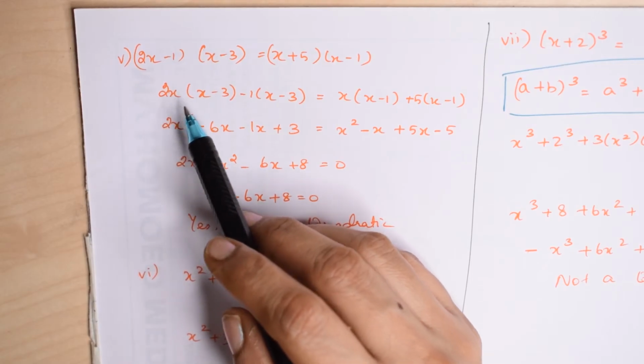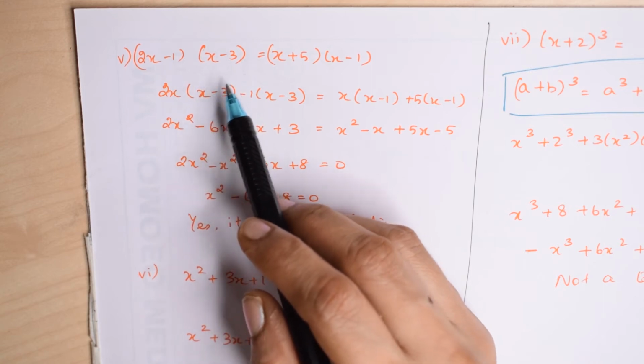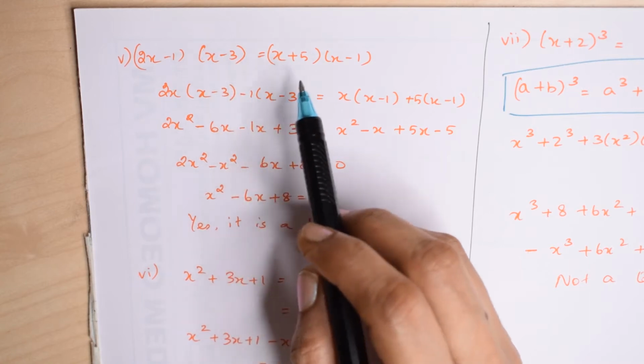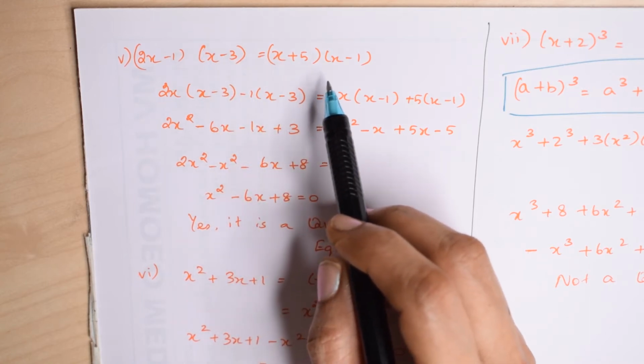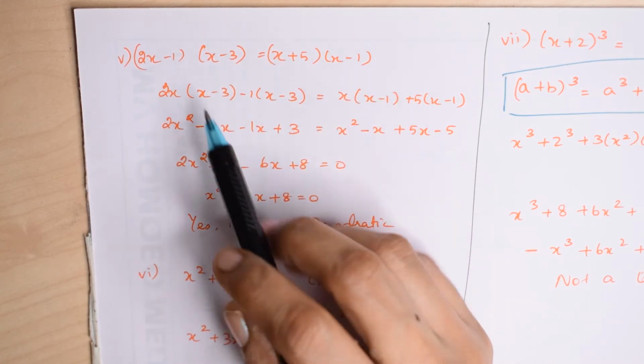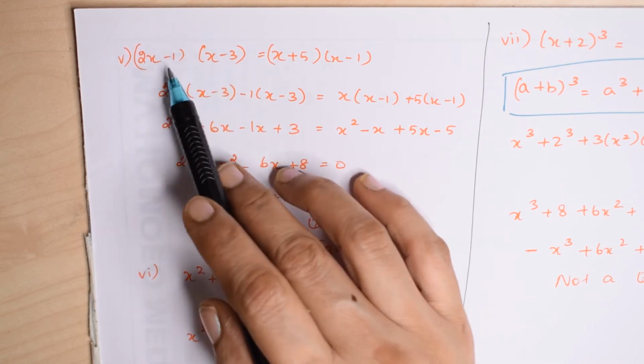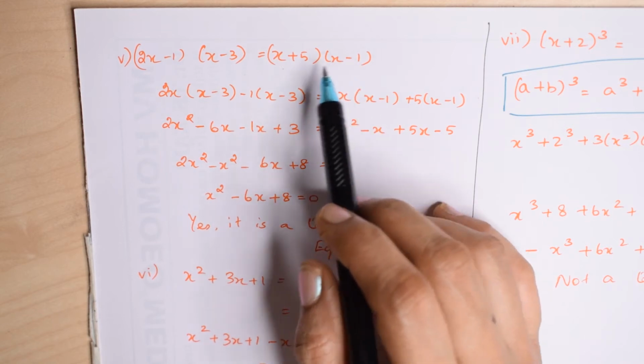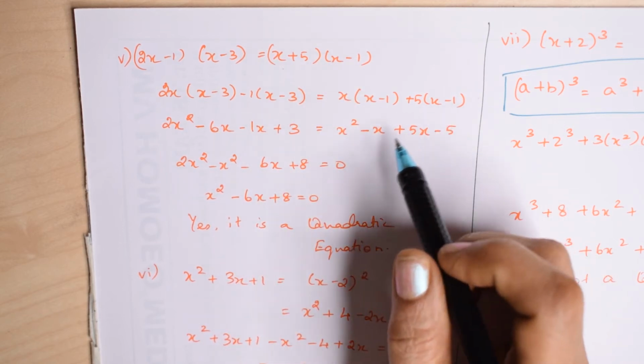Next, (2x minus 1)(x minus 3) is equal to (x plus 5)(x minus 1). So 2x into x minus 3, minus 1 into x minus 3, and the same on the right, x into x minus 1 plus 5 into x minus 1.